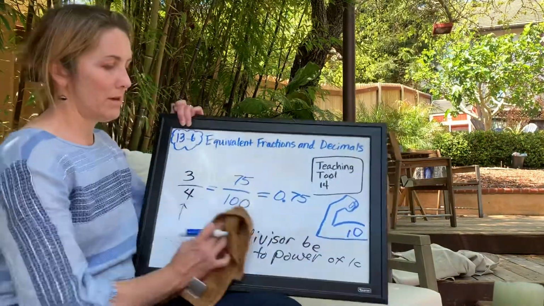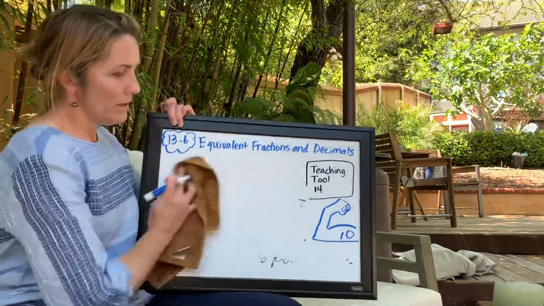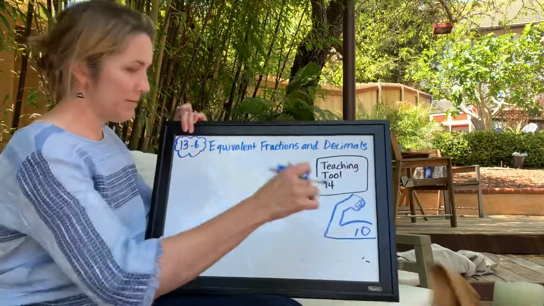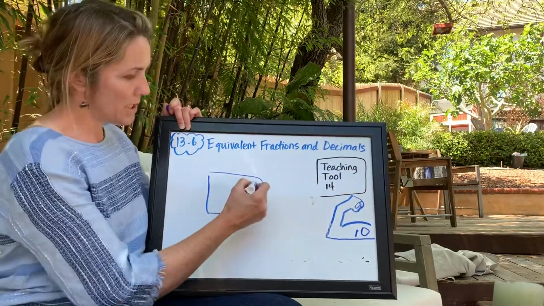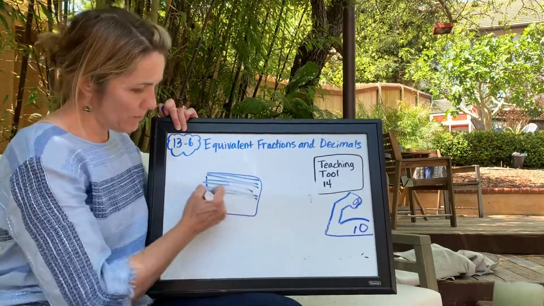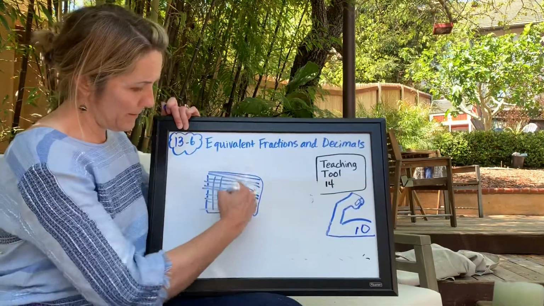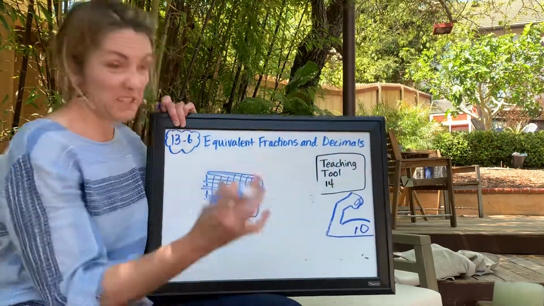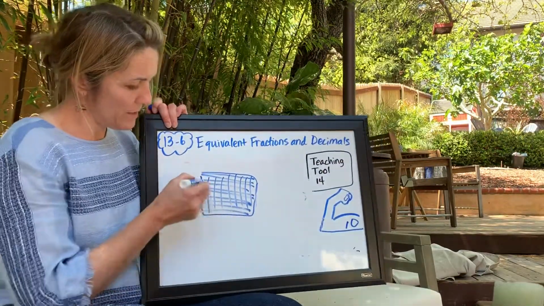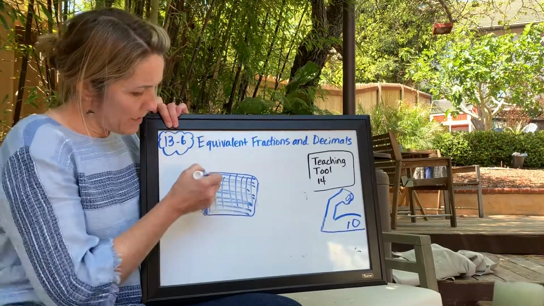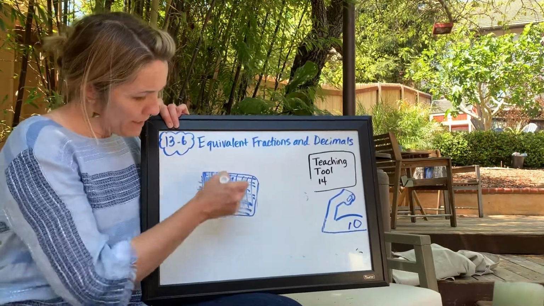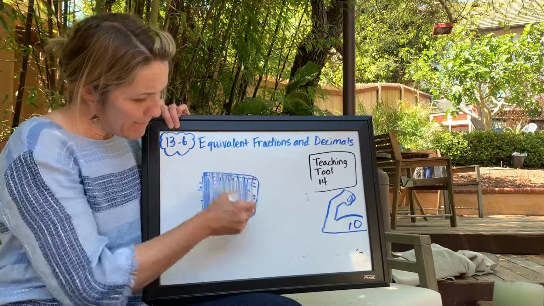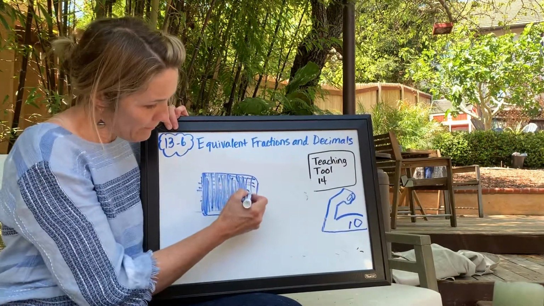So what would that look like on a model? I was able to prepare a model very quickly. So I want you to imagine that this box is divided into 100 sections. You could count these up: 10, 20, 30, 40, 50, 60, 70, and then you can go 5.